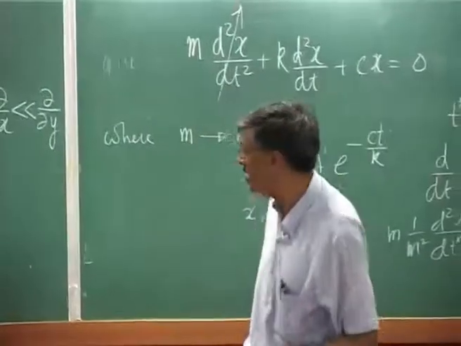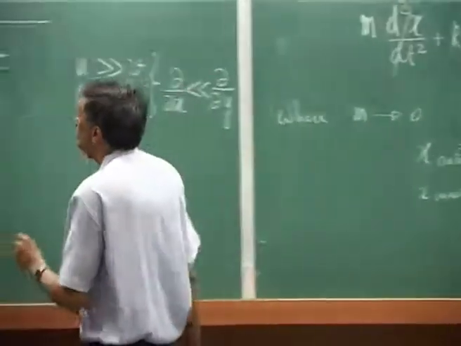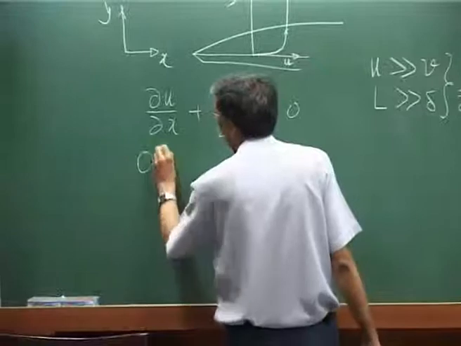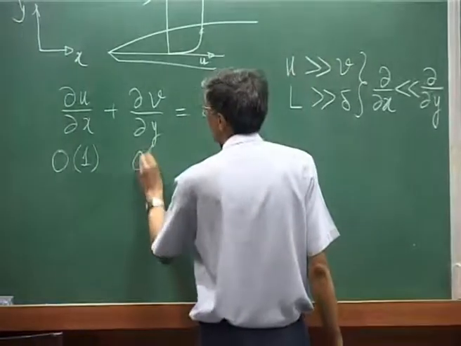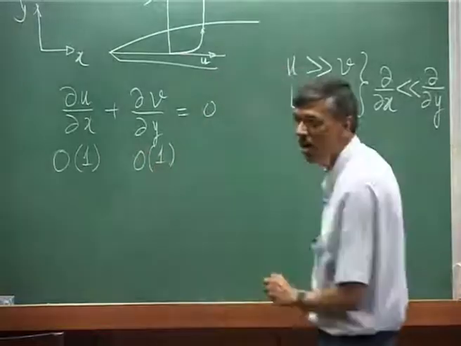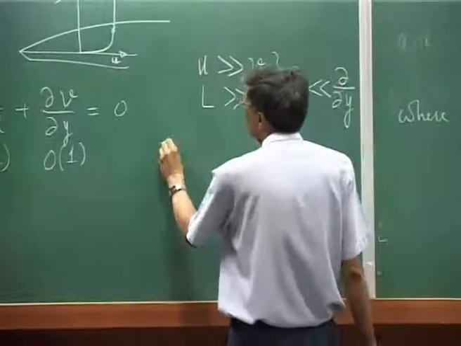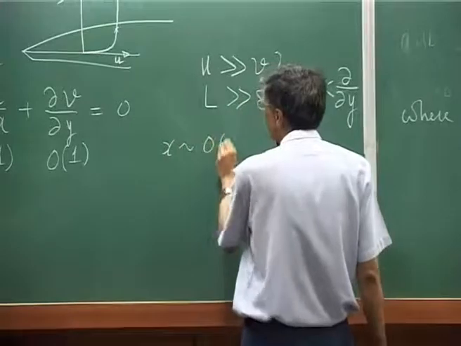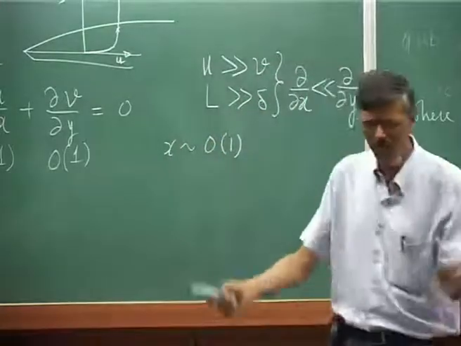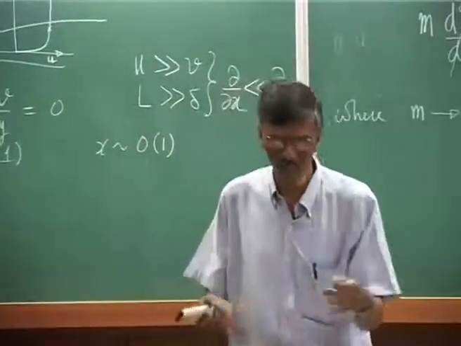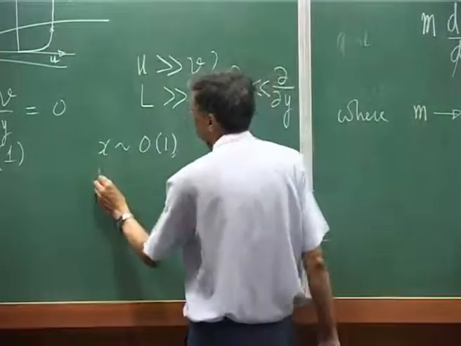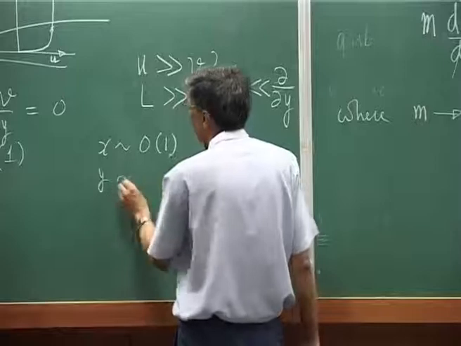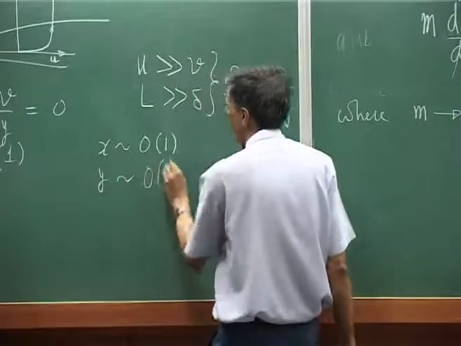If you do that, then you would see one property, that both of these terms are of the same order. All of you are familiar with this order of magnitude analysis. Here x is of order 1, and y inside the shear layer is of the order delta.